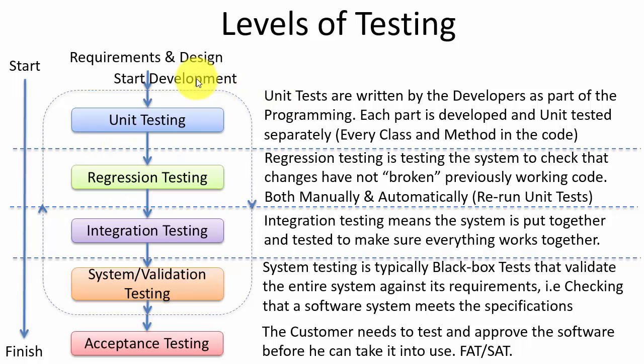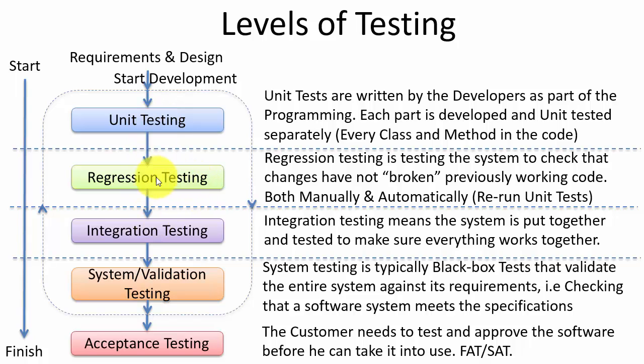So these levels of testing typically go into a loop from when you start developing your program until you are finished. You do these levels of testing until you consider that the program is finished and should be used by the customer. Of course, you always start with unit testing.